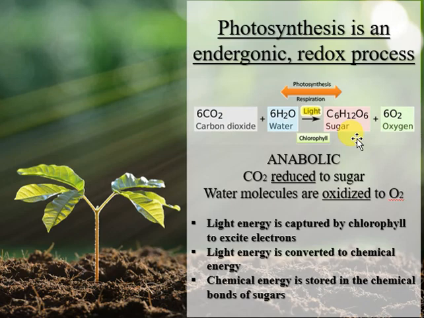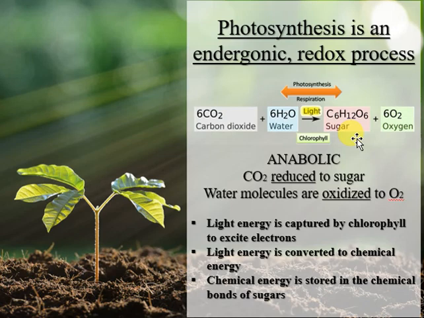So as I said before, photosynthesis is an anabolic process or anabolic reaction. As such, it's also an endergonic reaction. And if you remember our talk about energy and metabolism, endergonic reactions are those that require energy, right?